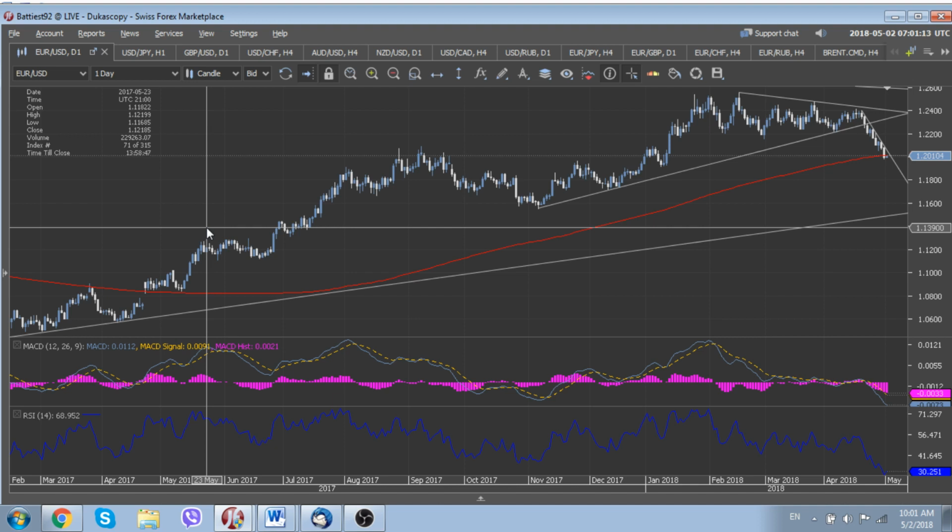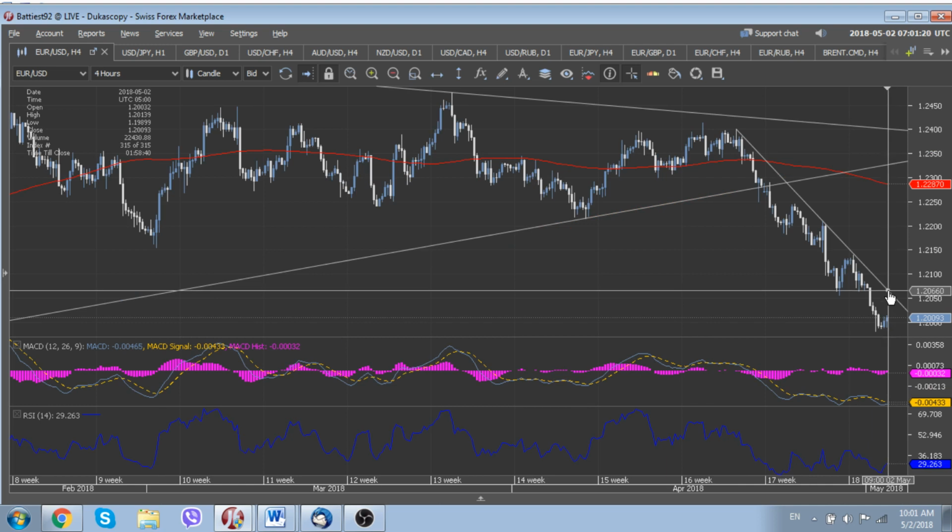Anyway, as we can see, the immediate downtrend line is located at the moment around 120.65, and a break above this level could produce some spike higher. Of course, from a longer term point of view, the euro dollar right now should be looked at as a sell on any kind of rallies.